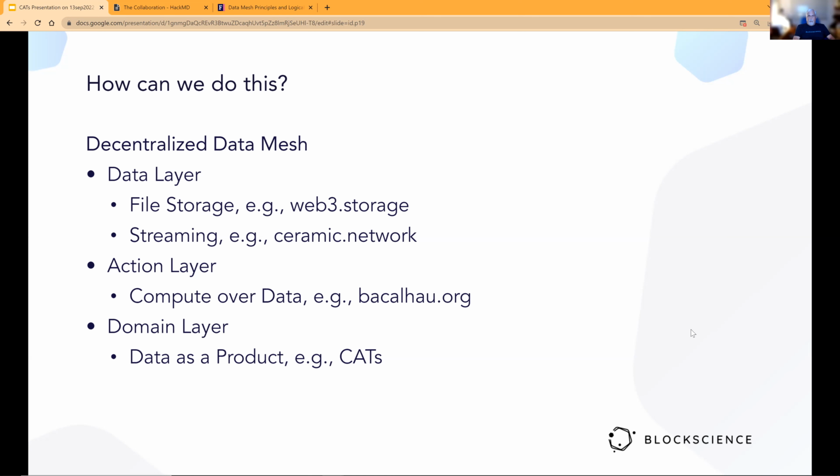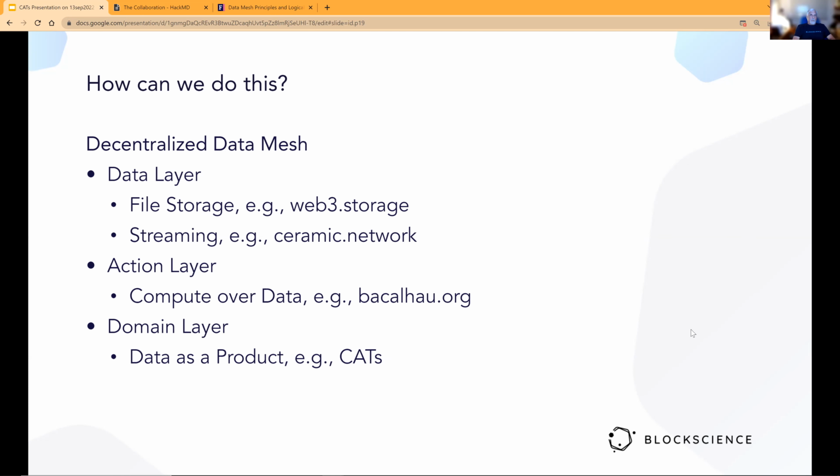An action layer, you need to be able to process the data, or it's just sitting there for museum purposes, and we don't want that. So that's, I think, compute over data, producing tools for that processing, being able to process data in a decentralized system.